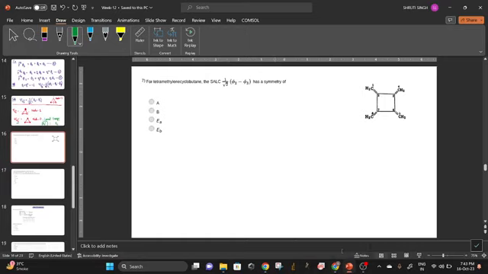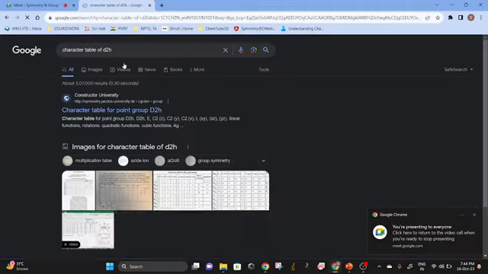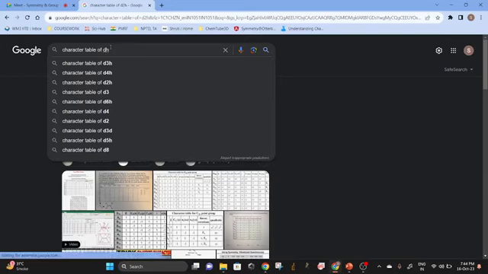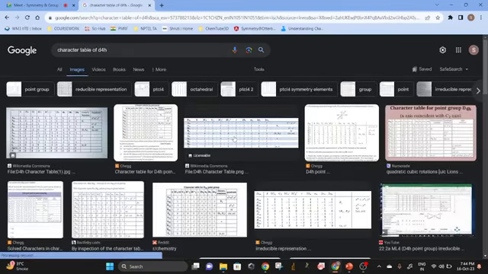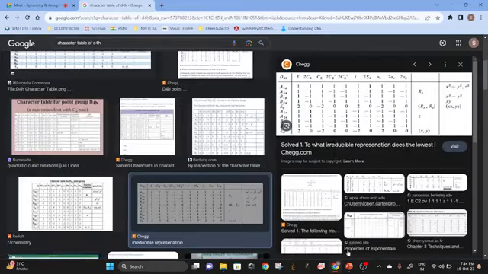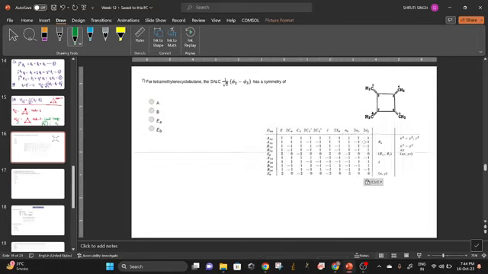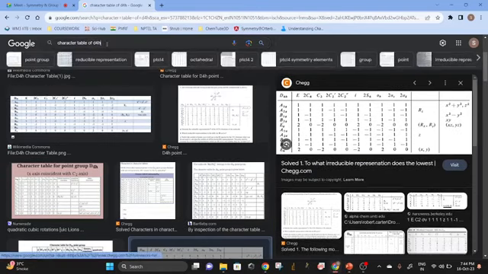So let me get a character table here. This is D4h and we will need C4.